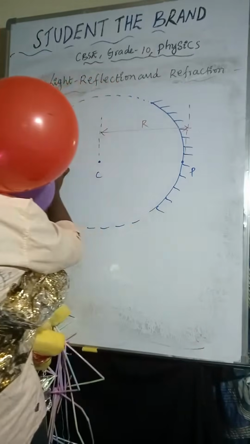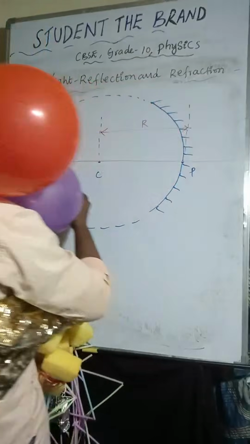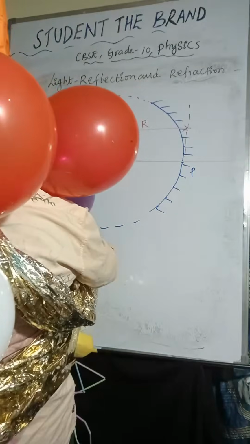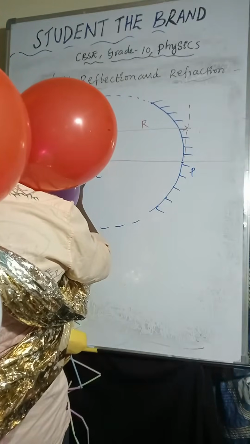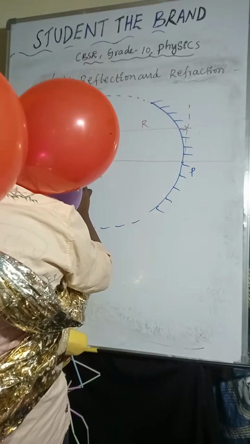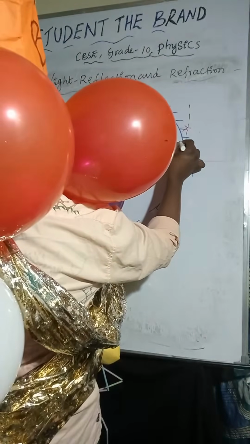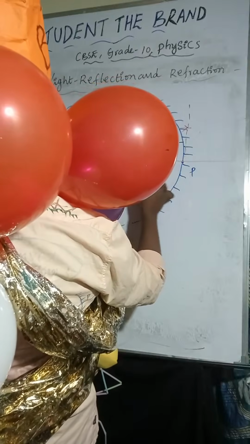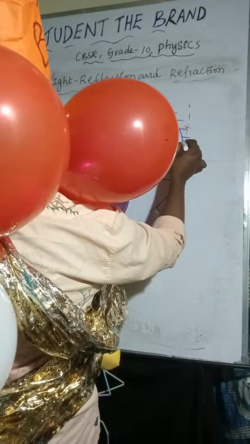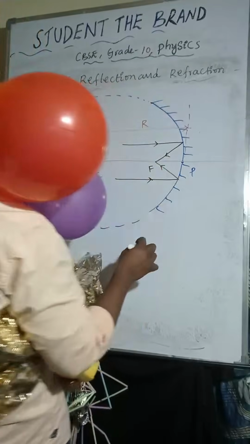This is called the radius of curvature. After reflection, all light rays meet at one point, called the focus.